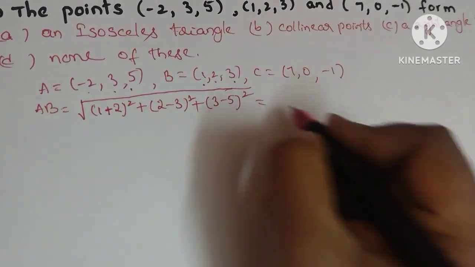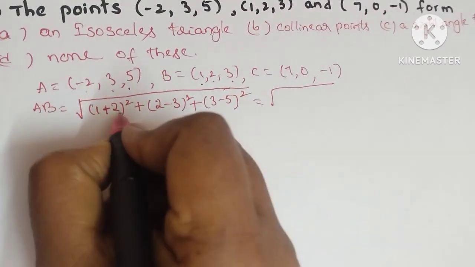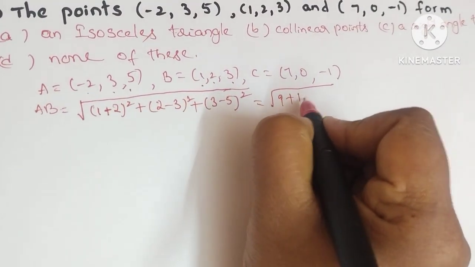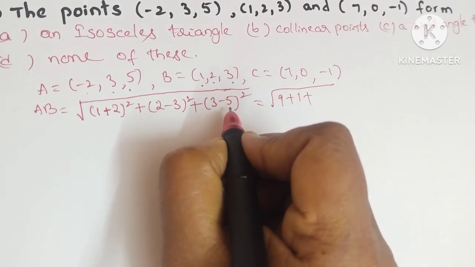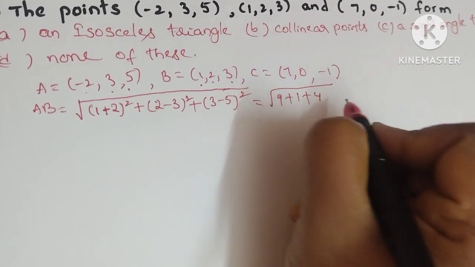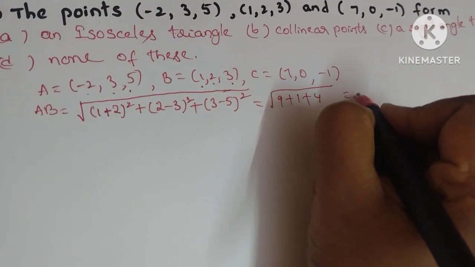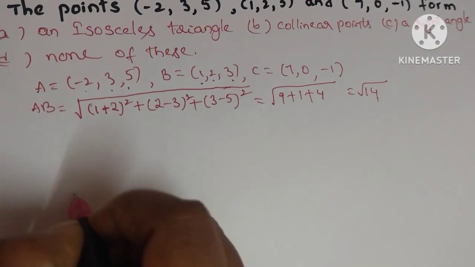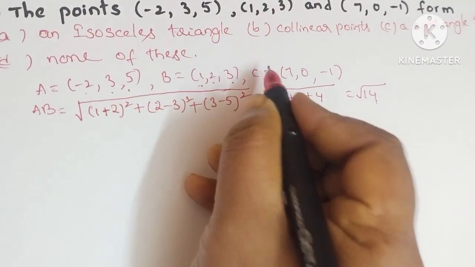That equals 1 plus 2, 3 square, 9, plus (2 minus 3), minus 1 whole square, 1, plus (3 minus 5), minus 2 whole square, 4. So it is root 14.